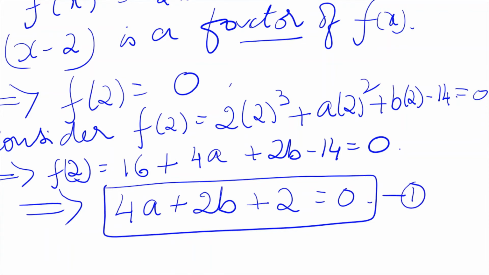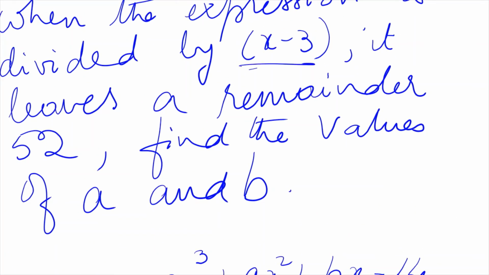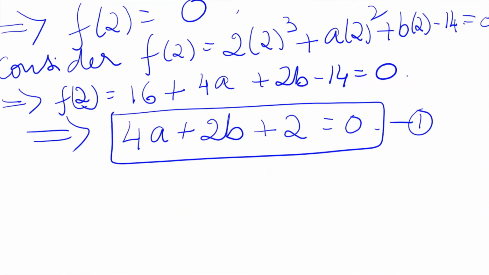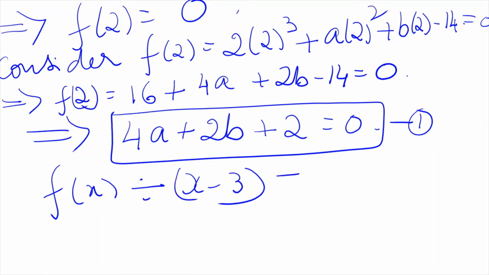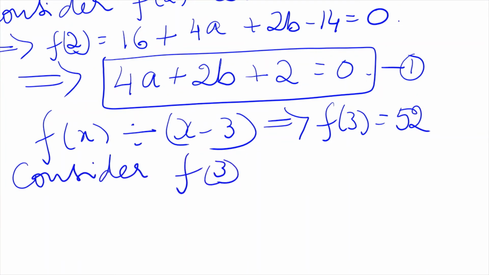Now, what is the question saying? When it is divided by x minus 3, that means f of x divided by x minus 3, then this implies f of 3 is equal to the remainder, that is 52. Okay, so now consider f of 3.